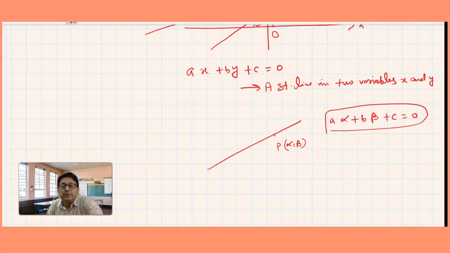Now, we can prove that if there are 2 points, P alpha beta and Q gamma delta, then any point on the line segment joining these two, here, it may be here, it may be here, will satisfy the equation of the line.